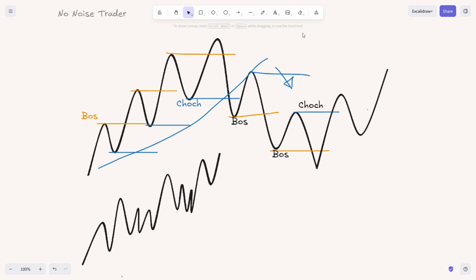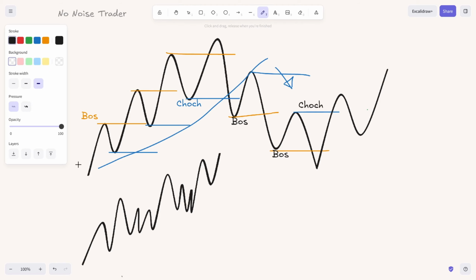Let's focus on the break of structures. So here we have the break of structure. Then we have another break of structure. Then we have another break of structure. And another one.